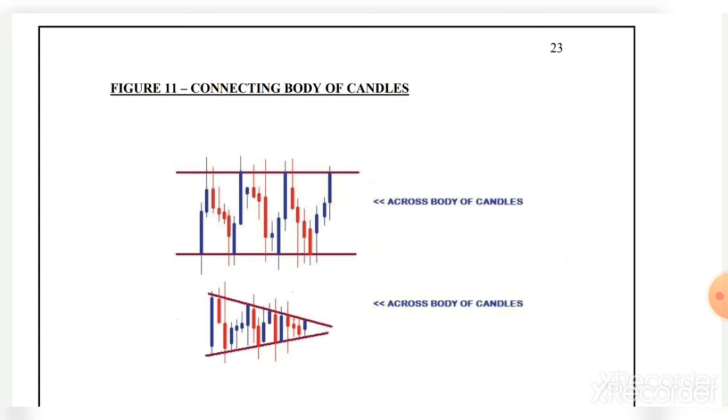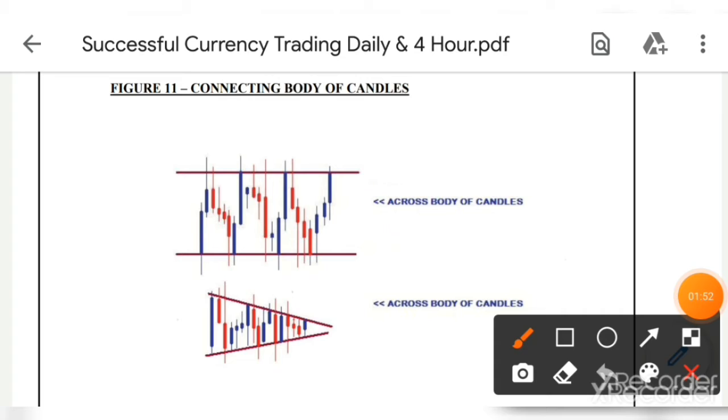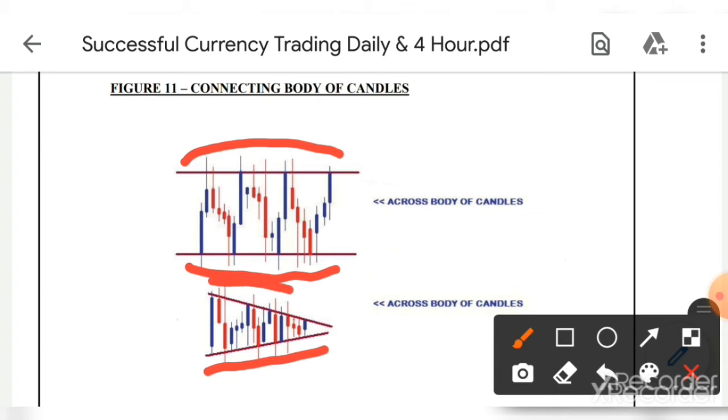The first one, which is the incorrect way, is where the wicks, the highs and the lows of these candles are ignored when drawing the boundaries of resistance and support.